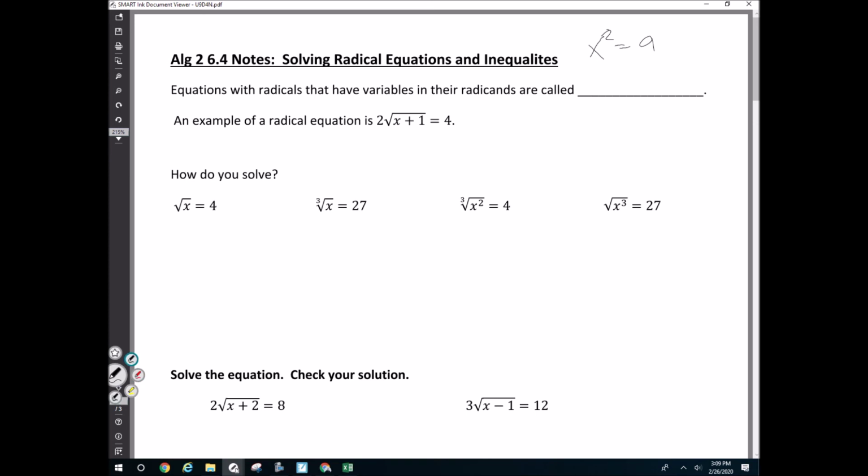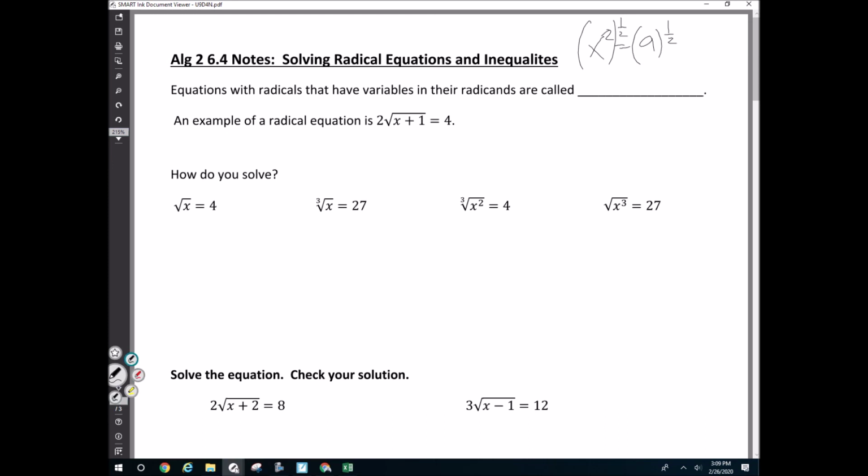Square root both sides, right? Why? Why does square rooting undo what a square is doing to x? That is exactly right, Mr. Sarepta. When we square root, you know what you are doing? You are taking both sides to the 1/2 power.